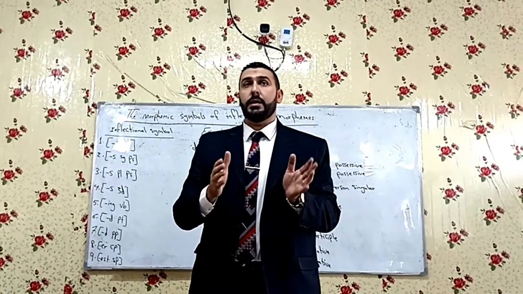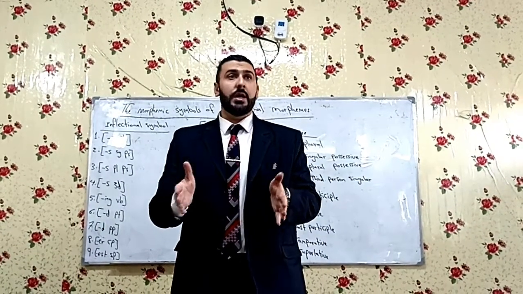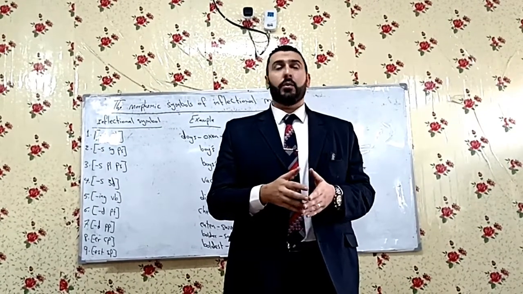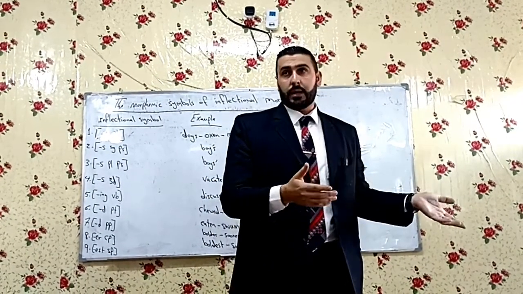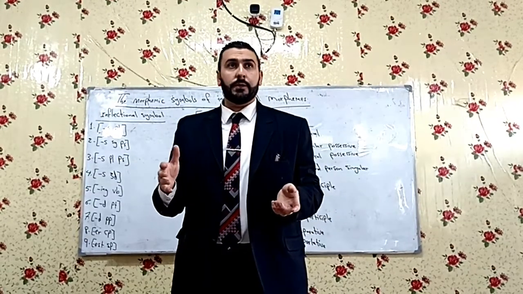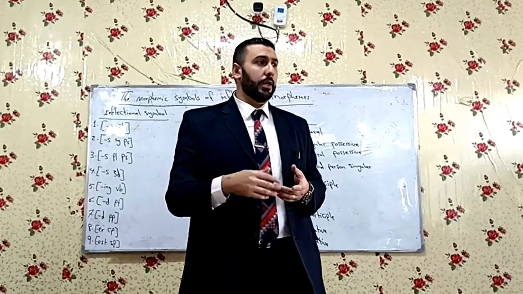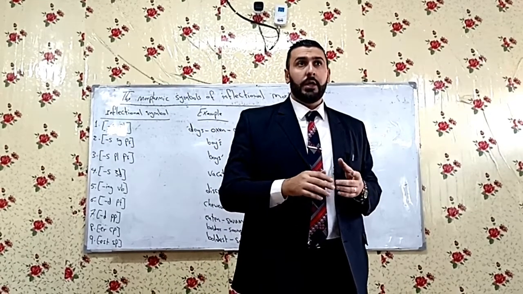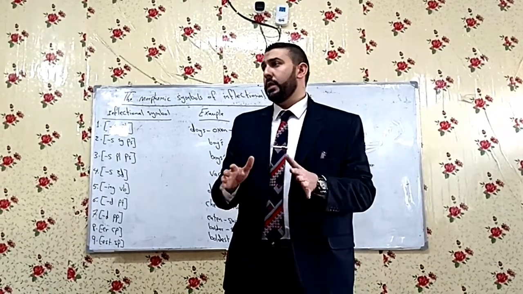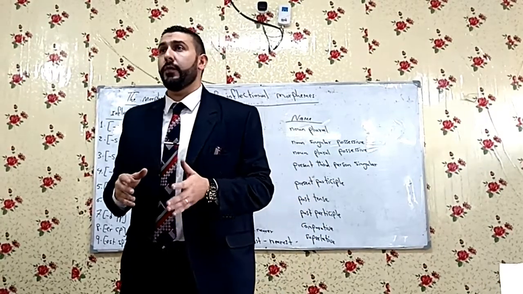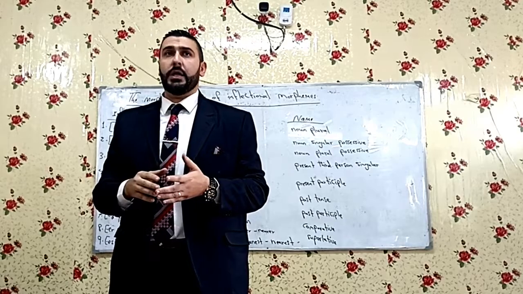So I can say he drinks, he eats, he plays, he watches, etc. So all of these stems are followed with the suffix s of the third person. Okay, is it clear for you guys? So these are very important characteristics, and you have to pay attention to the definition of the inflectional affixes.